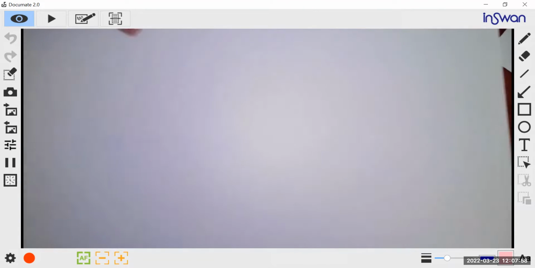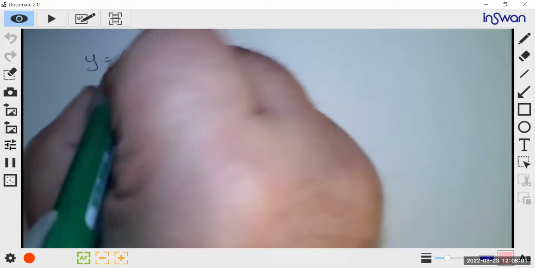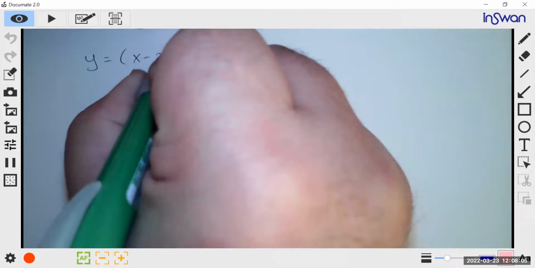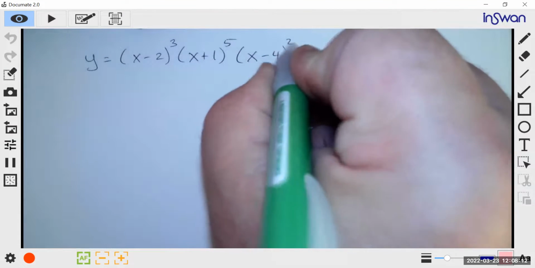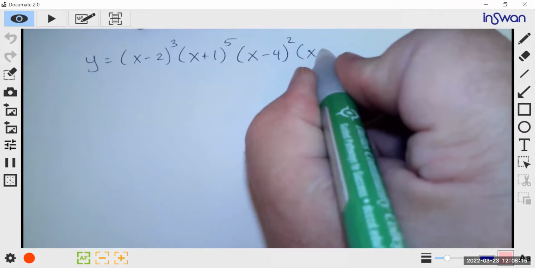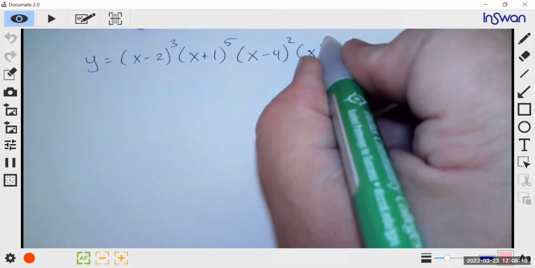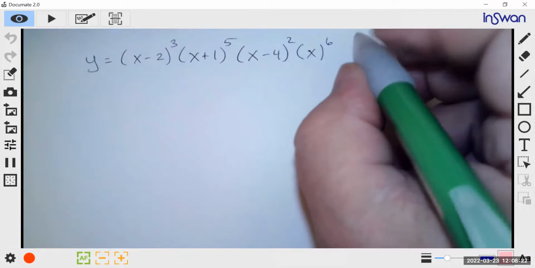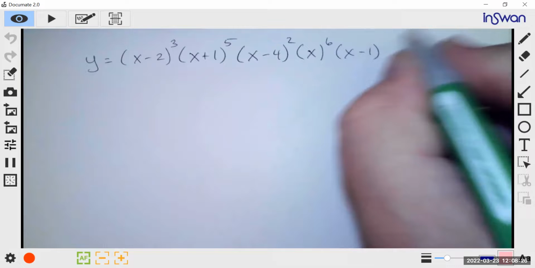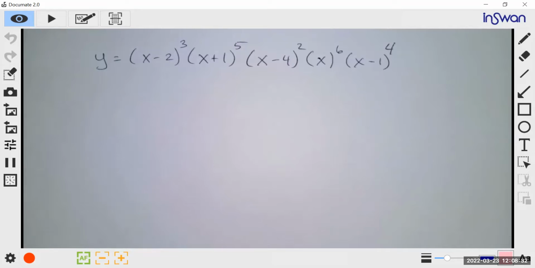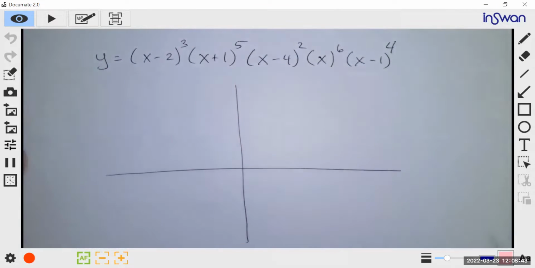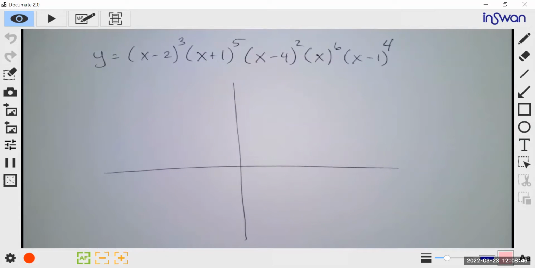Here's an example. Roughly sketch that graph.